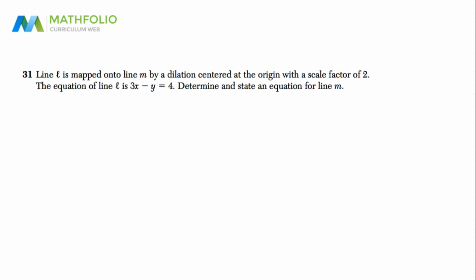Here's 31. So in this question, line L is mapped onto line M by a dilation centered at the origin with a scale factor of 2. The equation for line L is this. Well, first of all, whenever I see this, I always want to rearrange it to look like y equals mx plus b. So let's try that. If I add y to both sides, I end up with y plus 4 equals 3x.